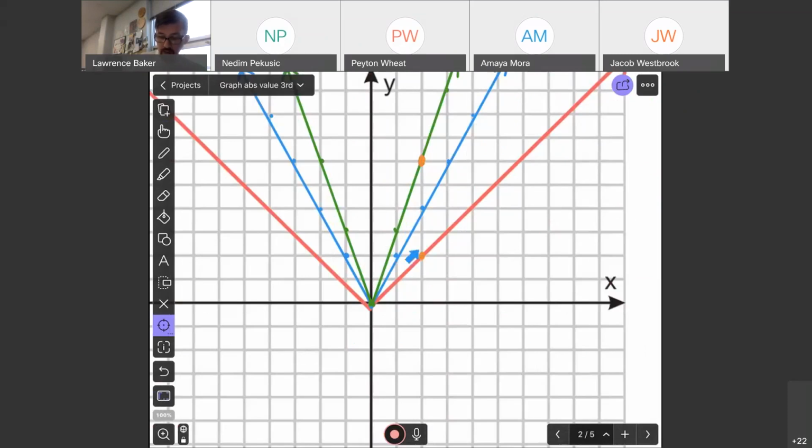The y value here is 6. So that means this point is 3 times higher, when compared to the x-axis, than this point. This one's at 2. This one's at 6. So that's where this idea of stretching comes from. The points are now further away from the x-axis than the parent function. So the y values are being stretched higher.